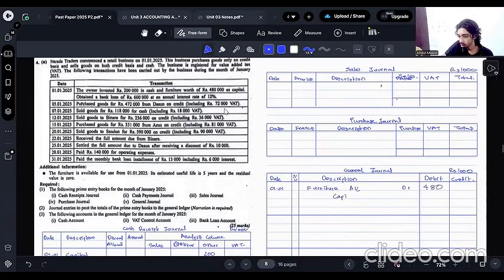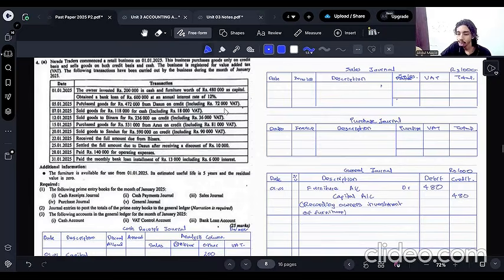Capital account credit 480,000. You can say narration, recording owner's investment of furniture.